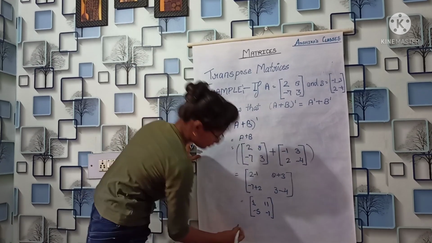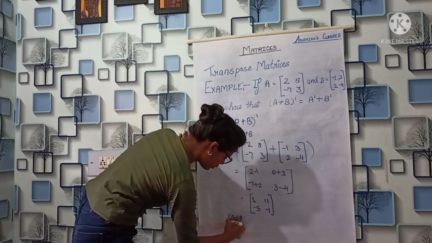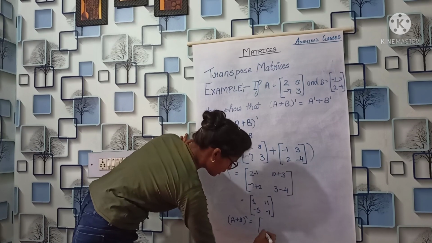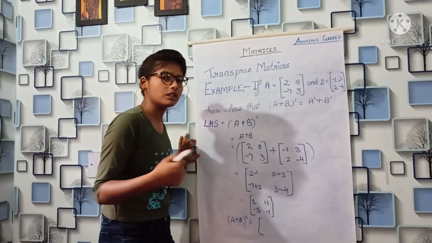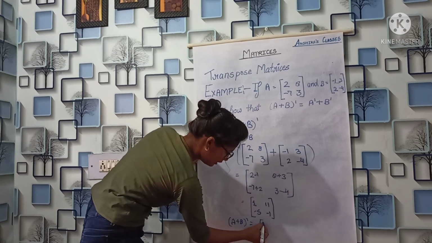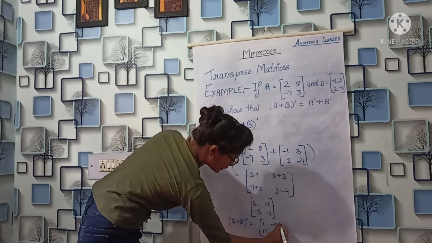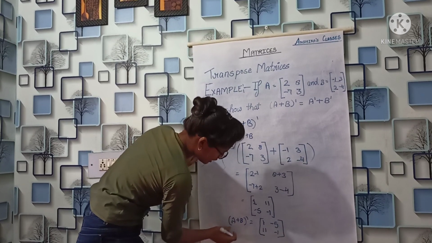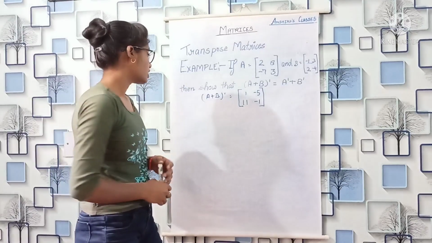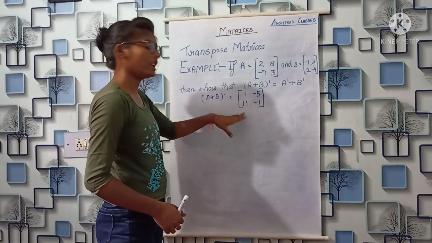Then A plus B whole dash is equal to, row converts into column and column converts into row, 1, 11, minus 5, minus 1. This is the value of A plus B whole dash.